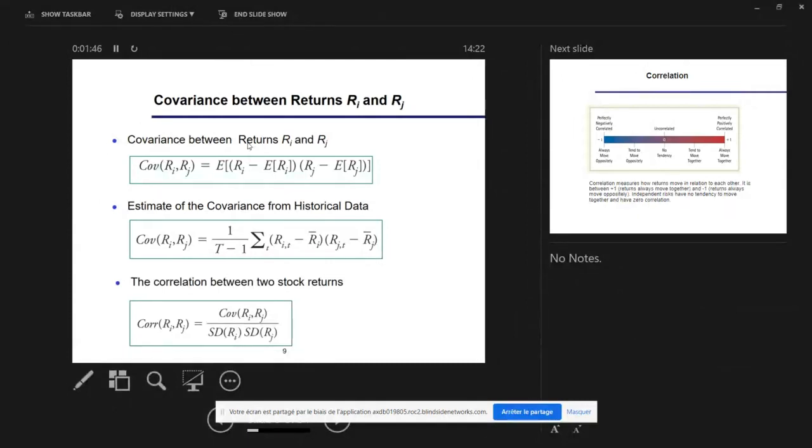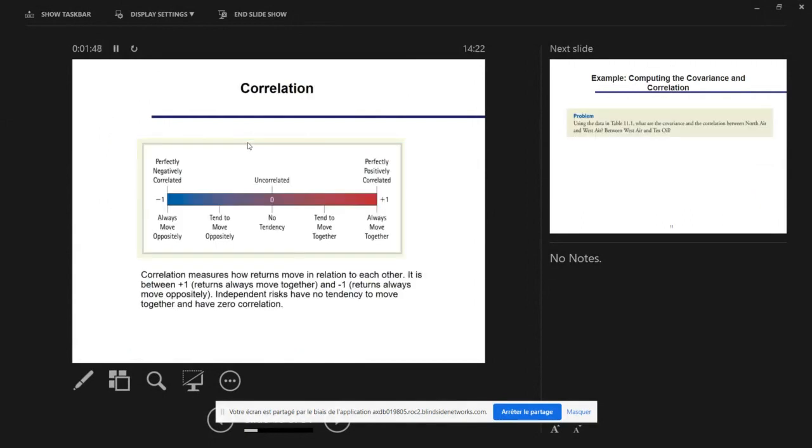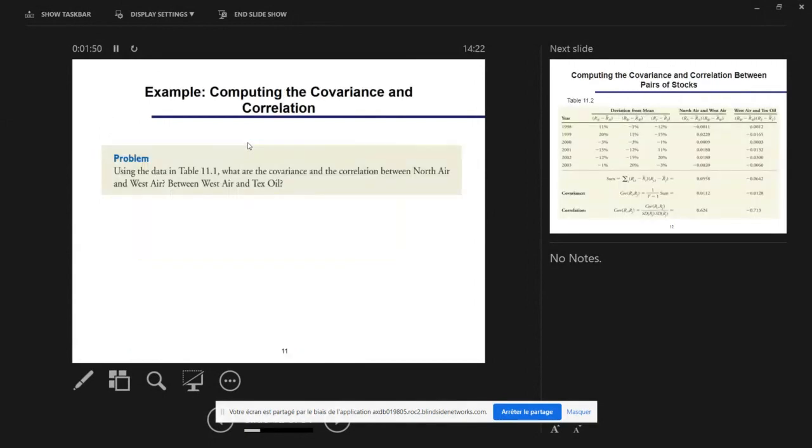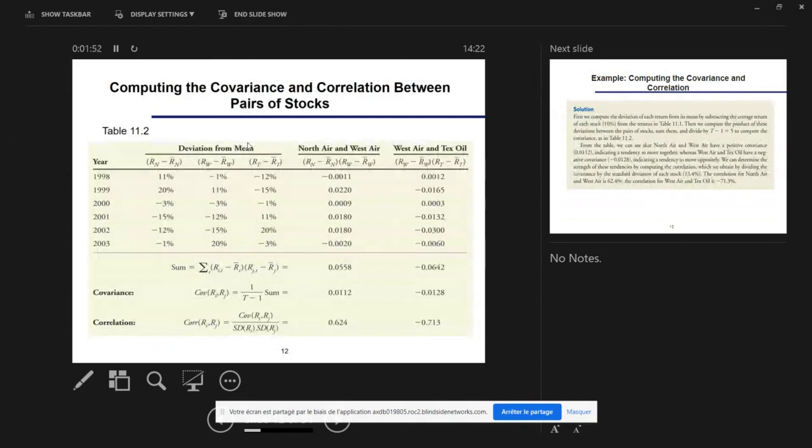As we can see here, when the correlation is high, you have less diversification benefits. When the correlation is low, you get more diversification benefits.